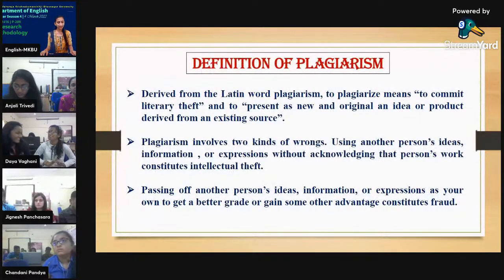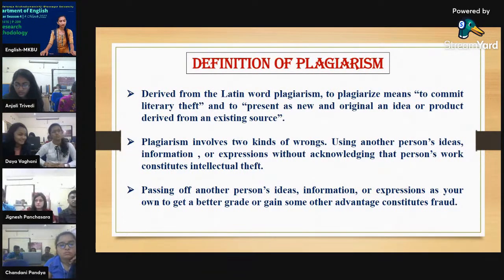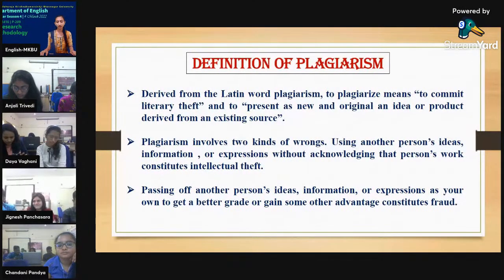Definition of plagiarism: derived from the Latin word plagiarius. To plagiarize means to commit literary theft and to present as new and original an idea or product derived from an existing source, passing off another person's idea, information, or expression as your own to get a better grade or gain some other advantage, which constitutes fraud.